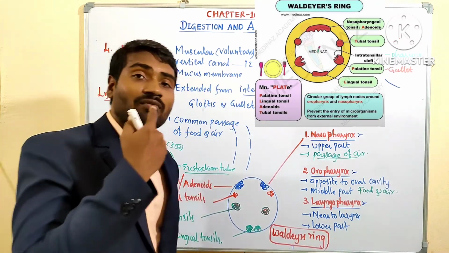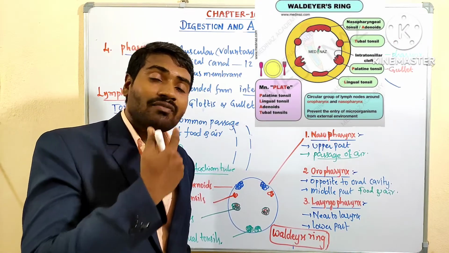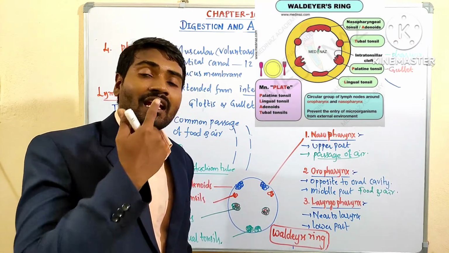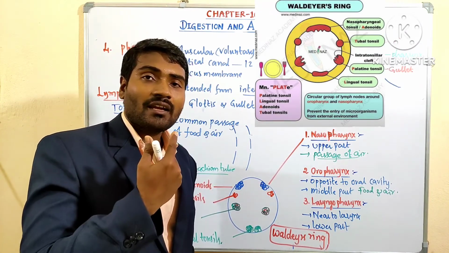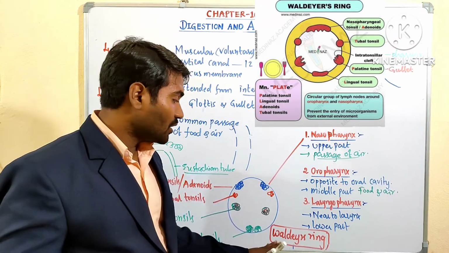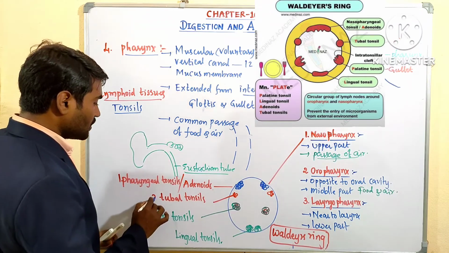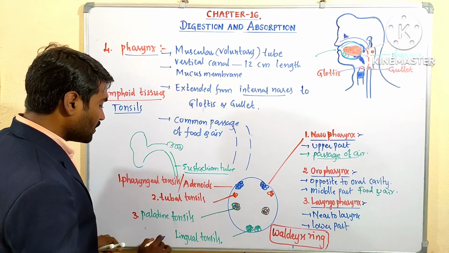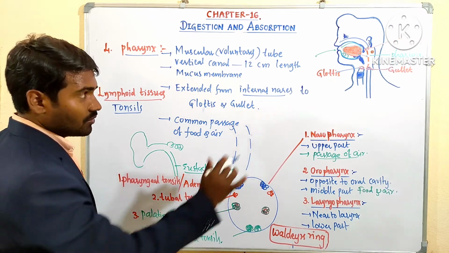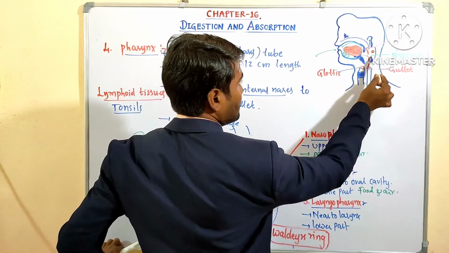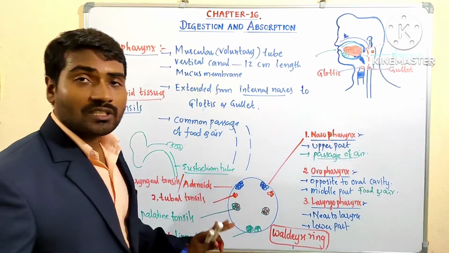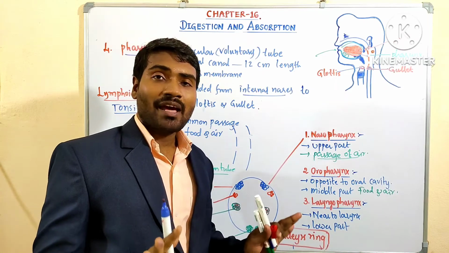All the tonsils of the throat, the pharynx or the oral cavity, are arranged in the shape of a ring, so this ring is called Waldeyer's ring. Remember: pharyngeal tonsils, tubal tonsils, palatine tonsils, and lingual tonsils. So this is about the structure of the pharynx.